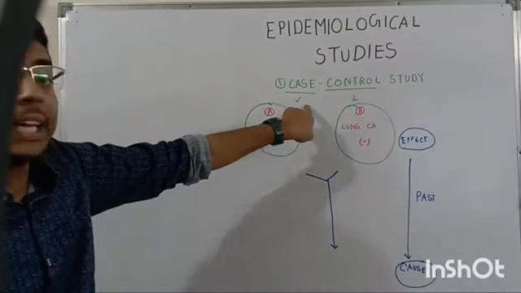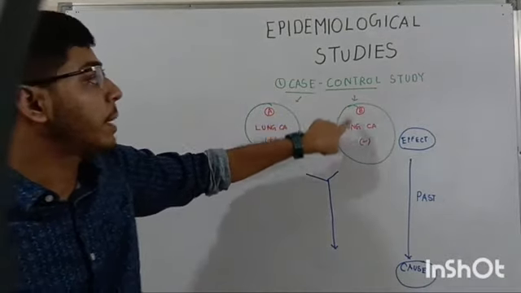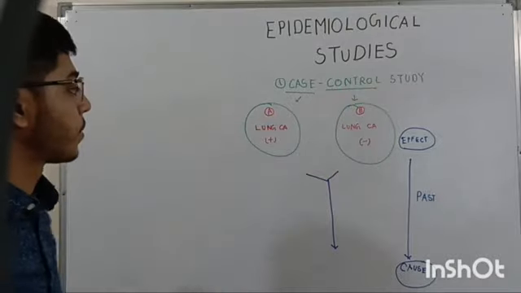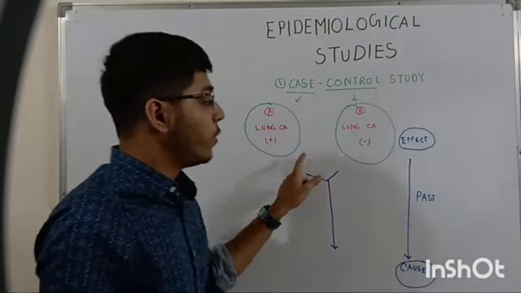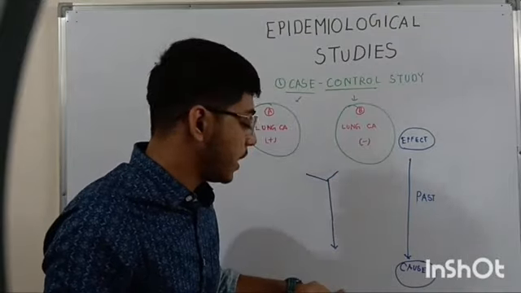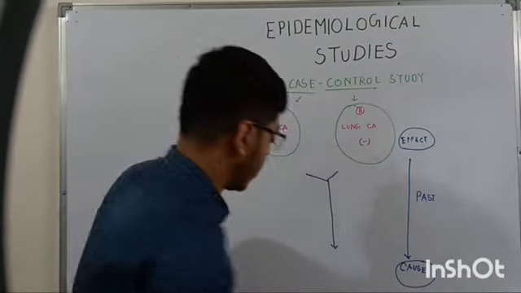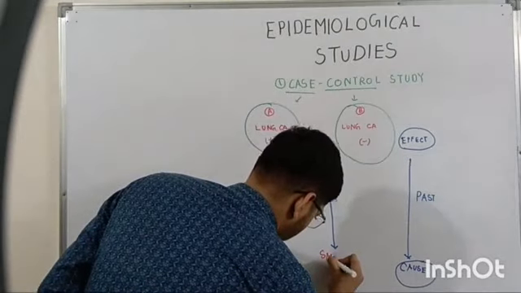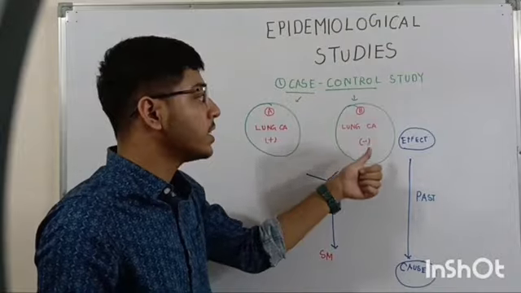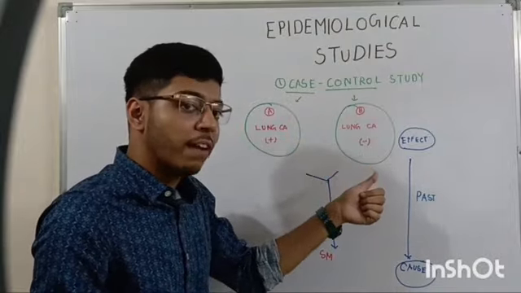So A becomes the case as the disease is present and B becomes the control as the disease is absent. Now we will study the risk factor associated here, which is smoking. So we will inquire whether the persons in group A and group B have smoked or not.